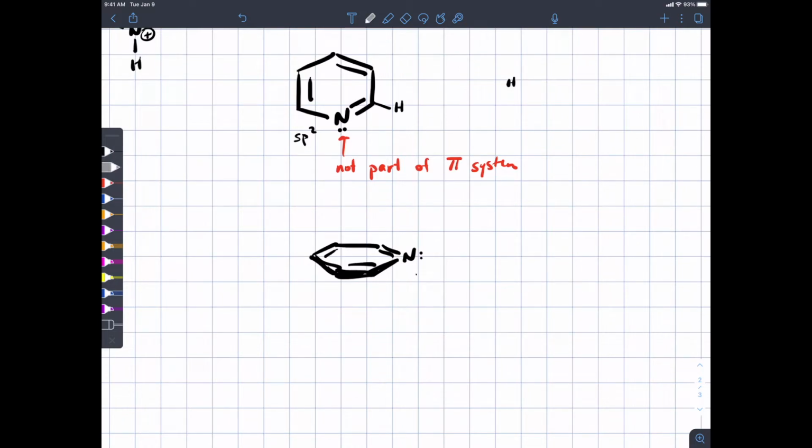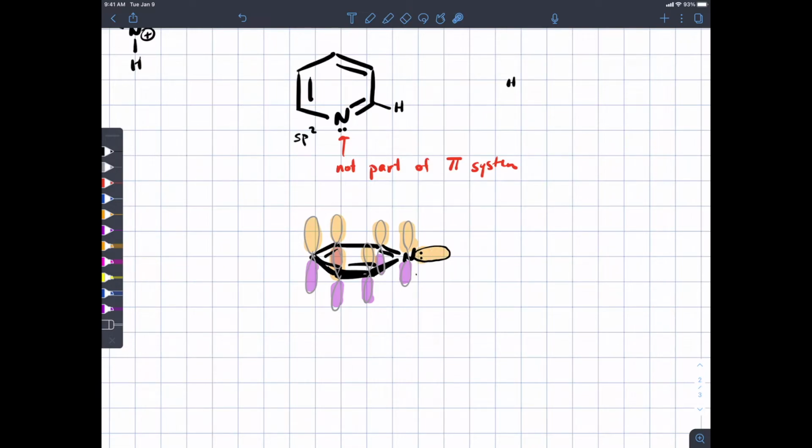If we were to think about the p orbitals that contribute to the pi system, they're going to look sort of like this. We can fill in the wave function sign. I'm just drawing the lowest energy combination in which all of these p orbitals overlap. The only thing that's left for that nitrogen is an sp2 type orbital on the nitrogen.